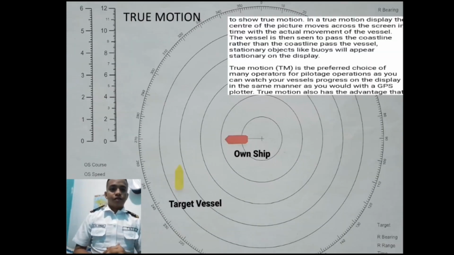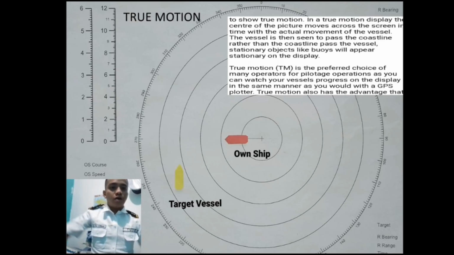Okay, the next is true motion. In a true motion display, the center of the picture moves across the screen in time with the actual movement of the vessel. So, true motion is the preferred choice of many operators for piloted operation, as you can watch your vessel progress on the display in the same manner as you would with a GPS plotter.